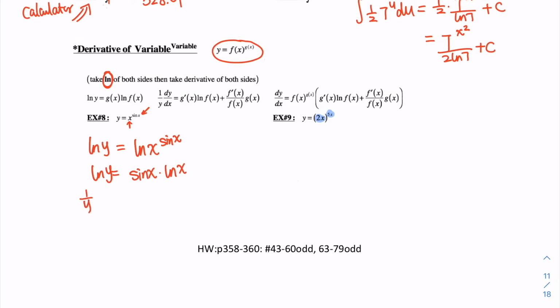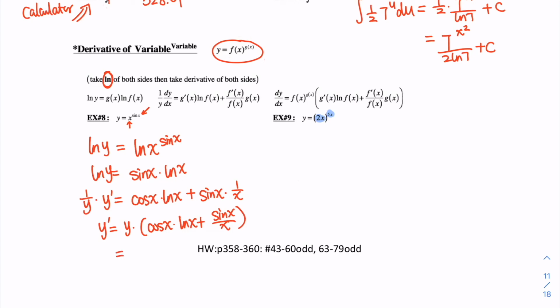Now we can take the derivative of both sides, which gives us the product rule here: cosine of x times ln of x plus sine of x times 1 over x. So y prime equals y times the whole expression, cosine of x times ln x plus sine of x over x, and you can plug y in.